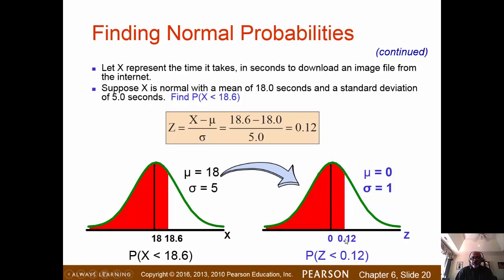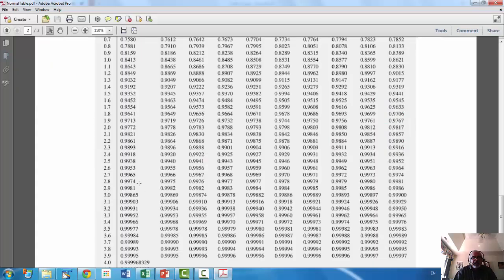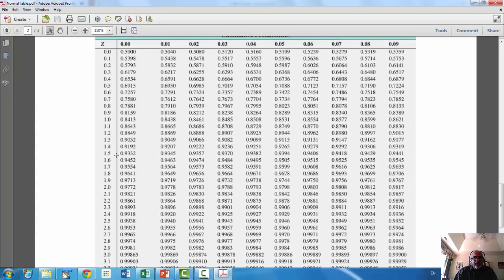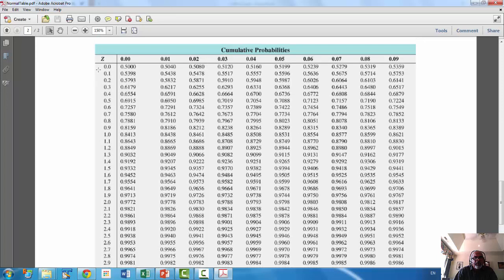Now we can go to the table and read the probability below z equal 0.12. So we go to the table and we want z of 0.12. Here z of 0.1, and the second decimal, the 0.02, is given in the columns. So you get 0.5478.